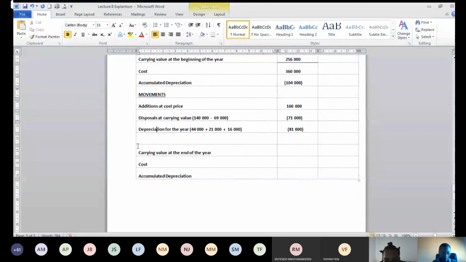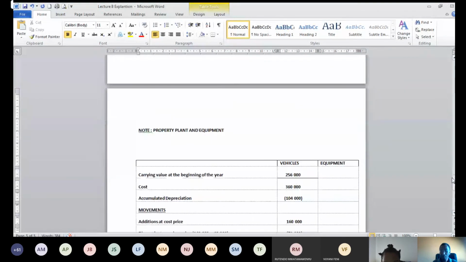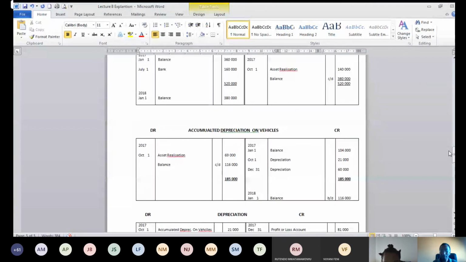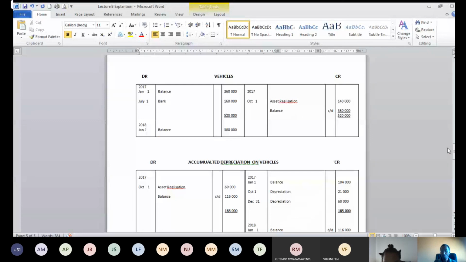The last section of this note deals with the carrying value at the end of the year. And the carrying value at the end of the year, we want to know what's the cost at the end of the year. What is your accumulated depreciation at the end of the year? Just go back to your ledger accounts, guys. The vehicle account. Take a look at the vehicle account.